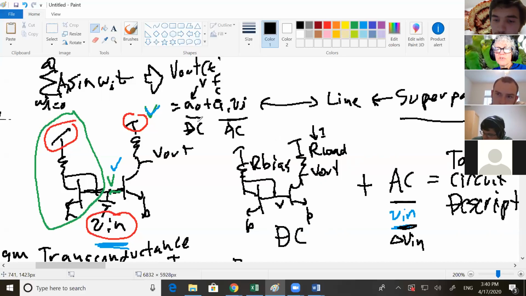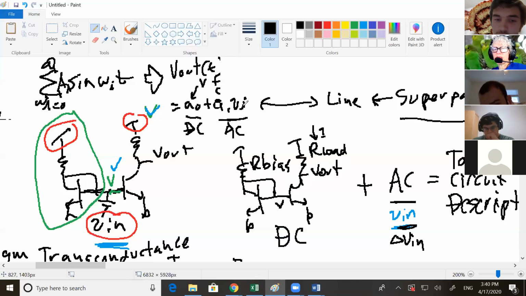this first coefficient is your DC offset. It's your DC value going into your amplifier, and it's coming from your biasing circuitry. Okay, and then the AC part of it is when this moves, how much does V out move?